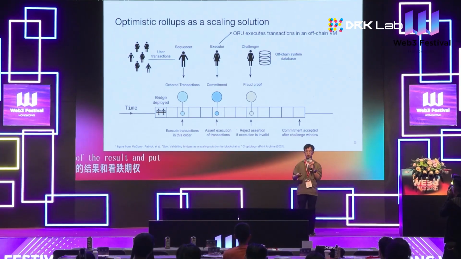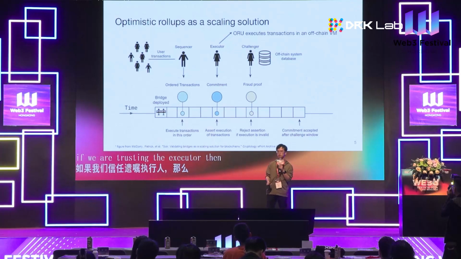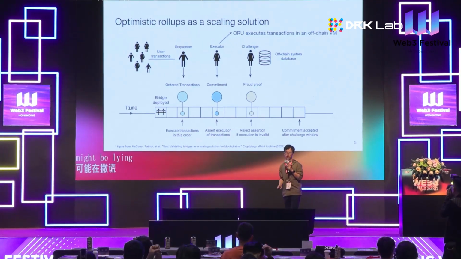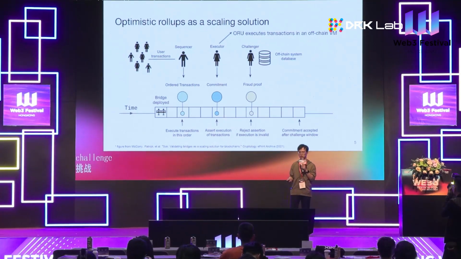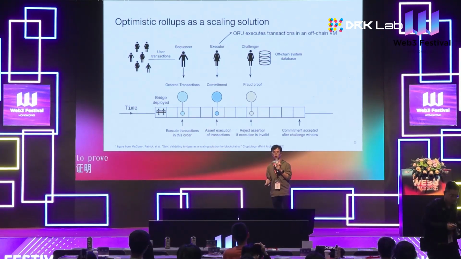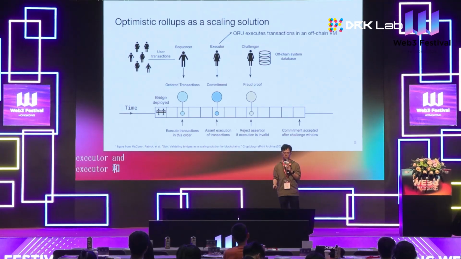If we are trusting the executor, then it will be fine. But an executor might be lying. So within a challenge window, we allow any challenger to submit a fraud proof to prove that the executor put the wrong result on chain, to slash the executor and invalidate the result commitment.